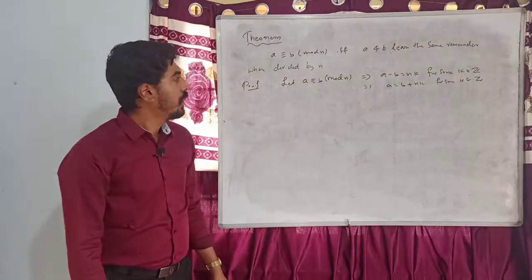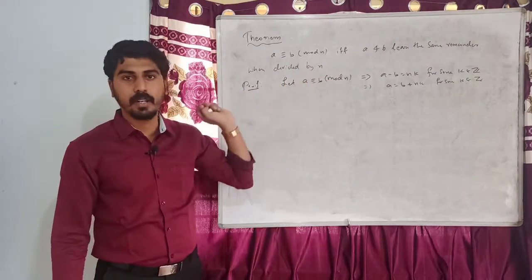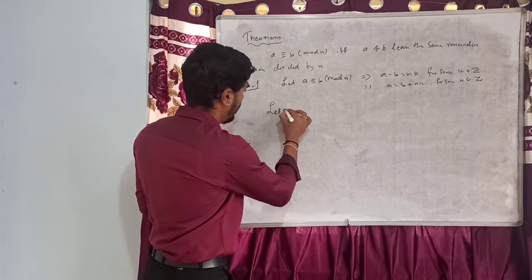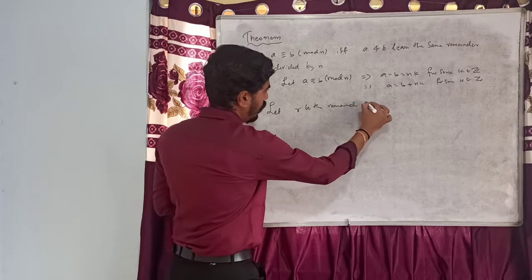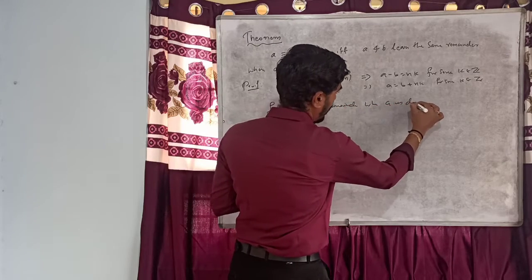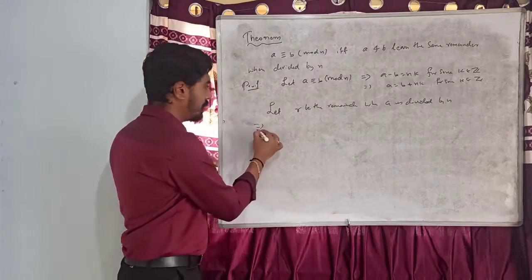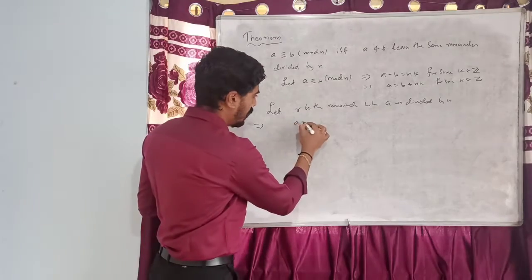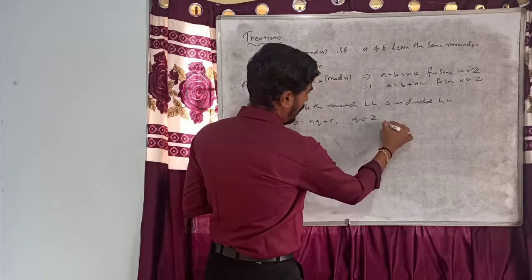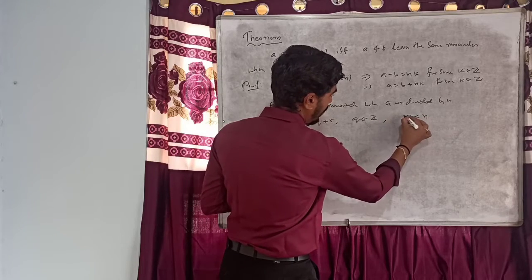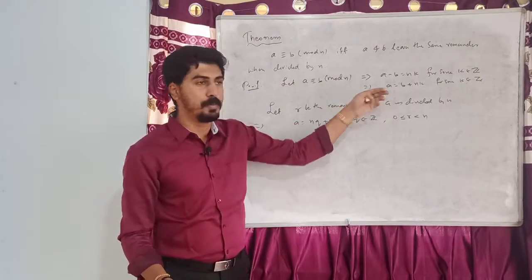Now let R be the remainder when A is divided by N. So by the division algorithm, A is equal to NQ plus R, where Q is some integer and R is less than N, greater than or equal to 0. Here I am going to substitute A is equal to B plus Nk.